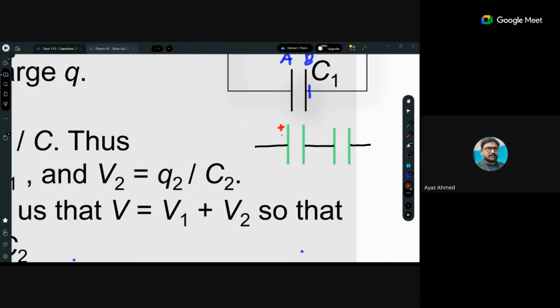So if we have positive charge on this plate, it would induce an equivalent opposite charge on this plate. Similarly, this is your capacitor of capacitance C1, this is your capacitor of capacitance C2, and due to this negative charge, there would be an equivalent opposite positive charge on this one, and due to that, a negative charge would be induced on this plate. So overall, for example, here you are able to produce 4Q positive, the same would be 4Q negative on this plate.